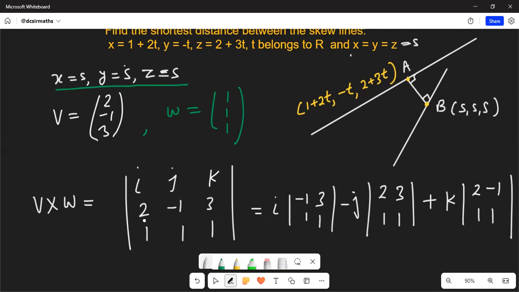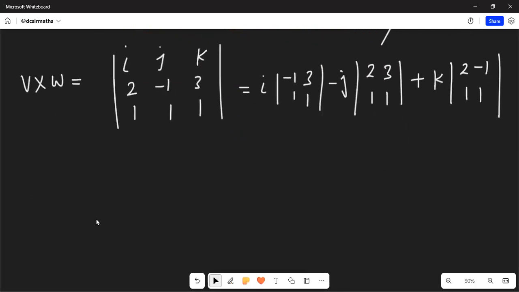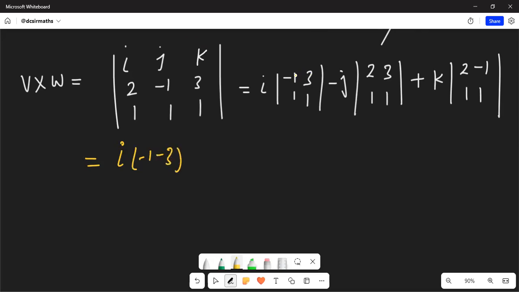All right. Now you would like to find this value, V cross W, which is equal to i times (-1 minus 3). This times this minus this times this, always. Minus j times (2 times 1, which is 2 minus 3).